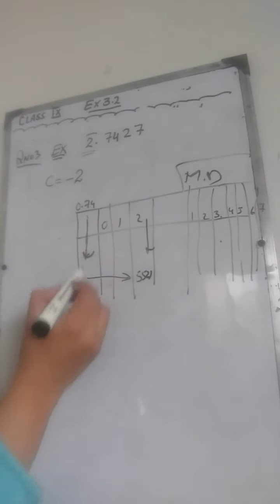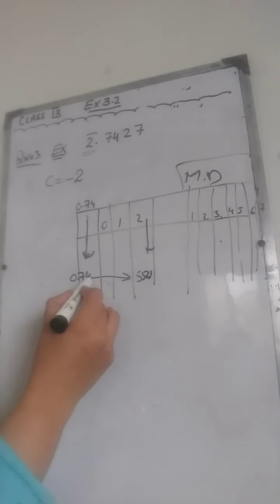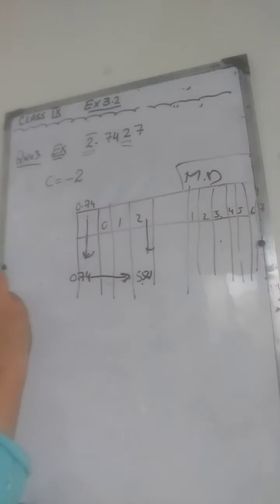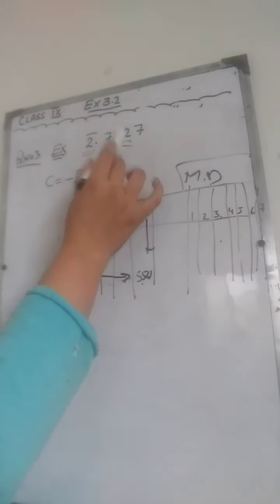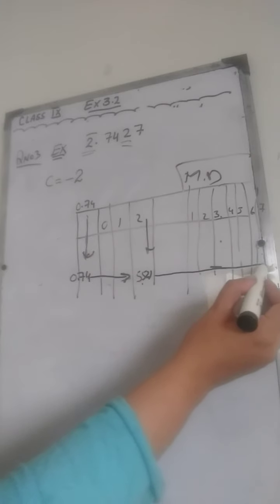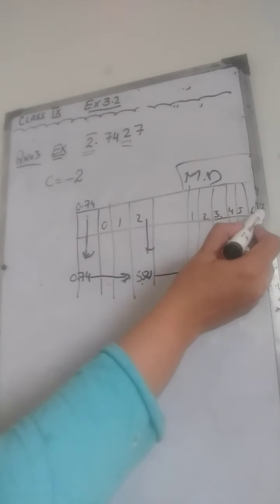First we moved in this direction to 0.74, then we moved in this direction till we came to the column 2, because 2 is written over here. We have to find the column with this heading. Then we move forward and find the column on which 7 is written.